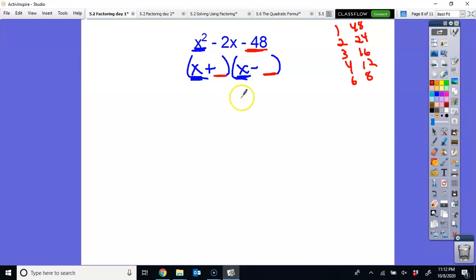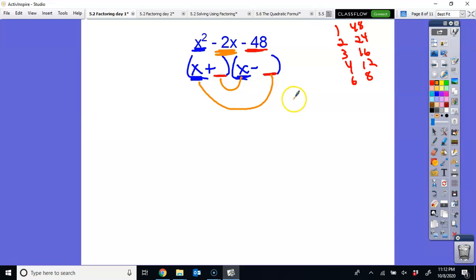So when you do that, look at those numbers. 6 and 8, 4 and 12, 3 and 16, 2 and 24, 1 and 48. Whatever I put in the spot that goes here times x, and whatever I put in the spot here times x, that's the outside and the inside of my FOIL method. Remember, we're multiplying.